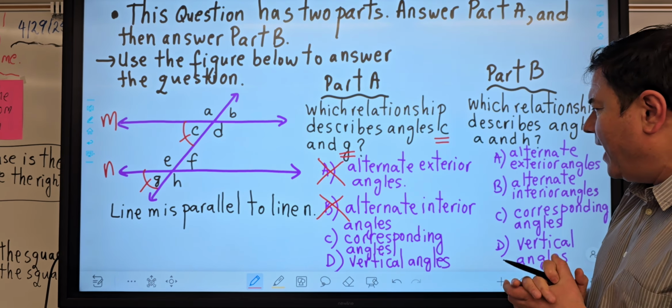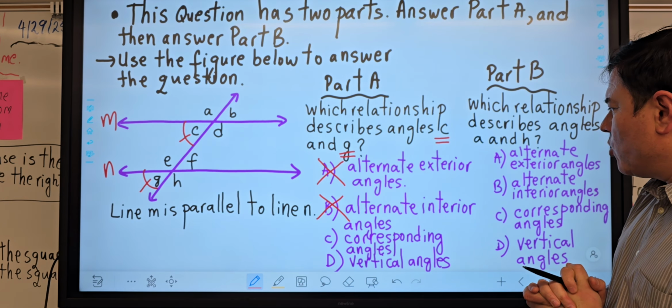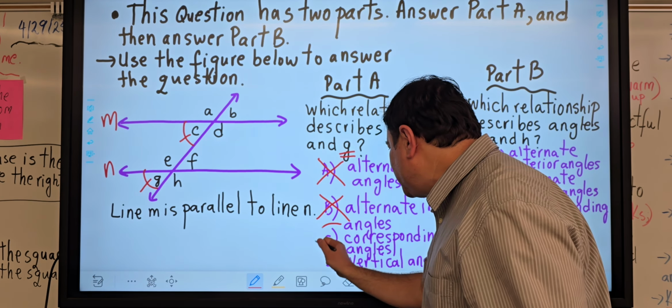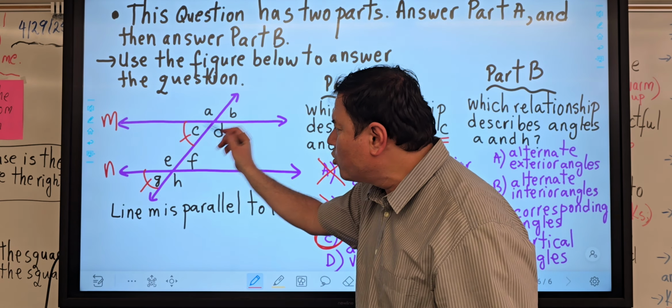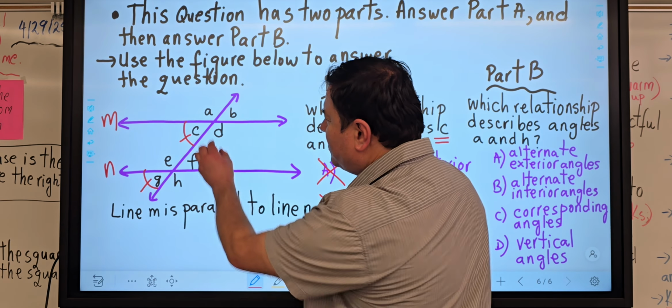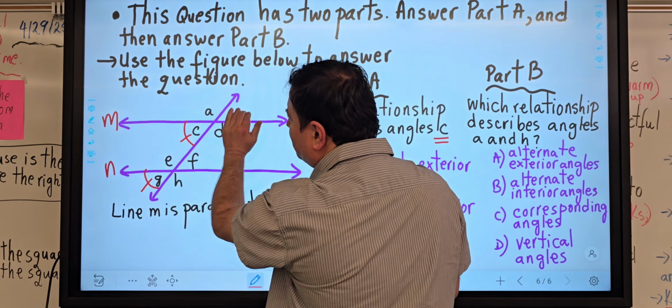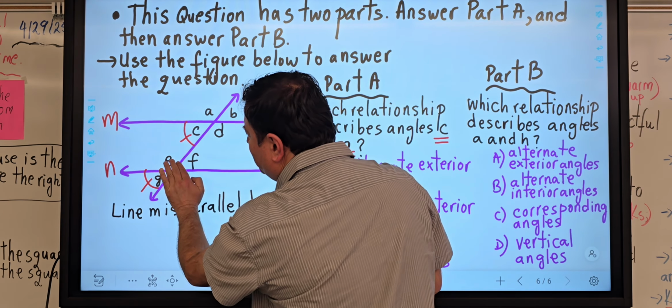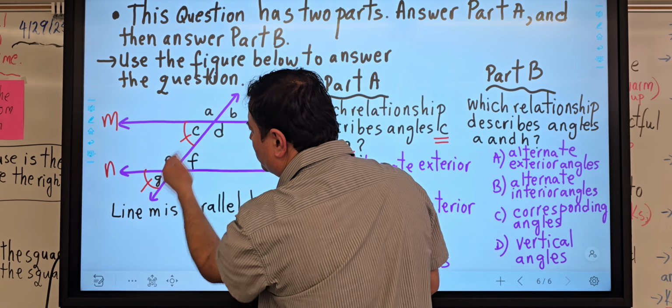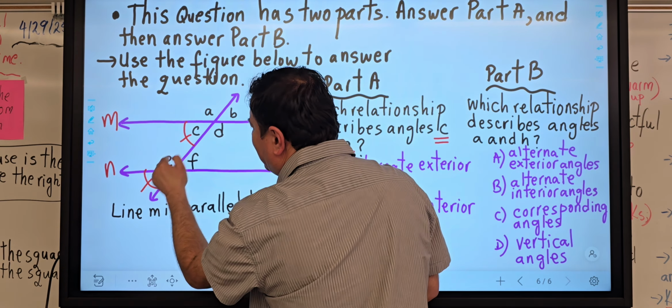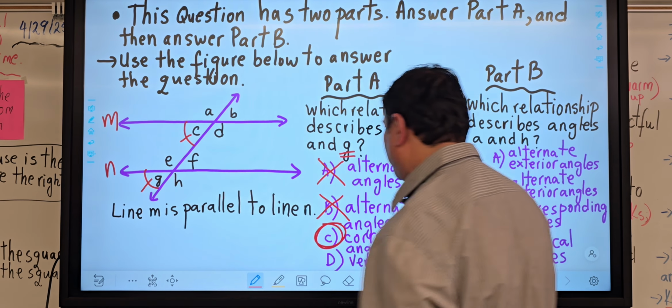Angle C and angle G, like we said before, are called corresponding angles. Let's take a look at option C. Corresponding angles, and this is the correct answer. Angle C and angle G are called corresponding. Okay, because angle C is beneath this parallel line, and the same angle G is beneath that parallel line once this transversal crosses those parallel lines, because it crosses at the same angles right there.